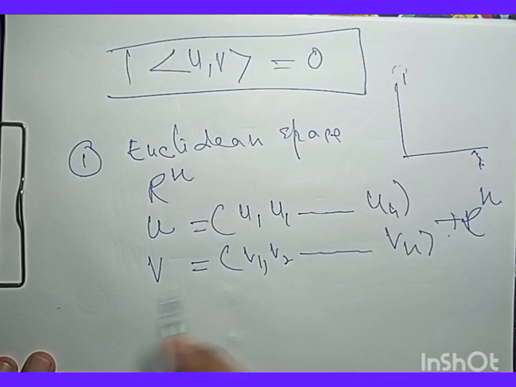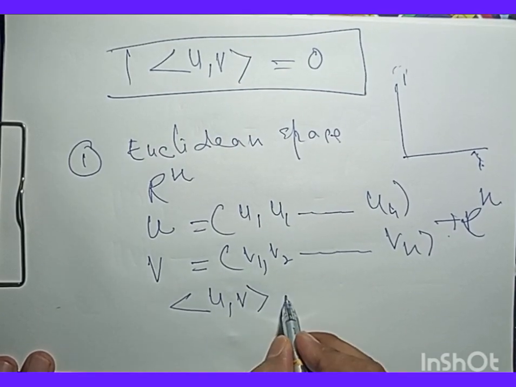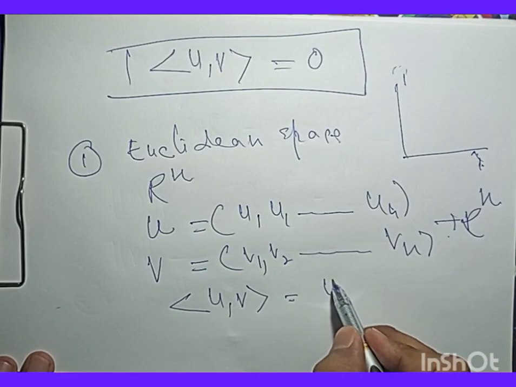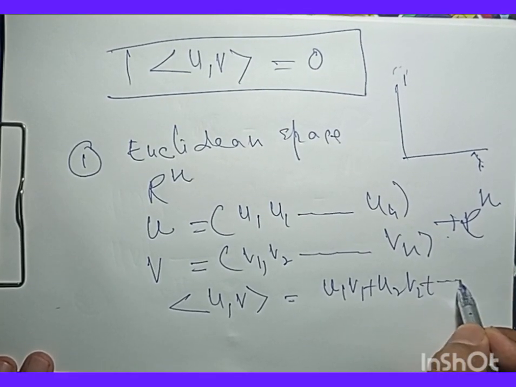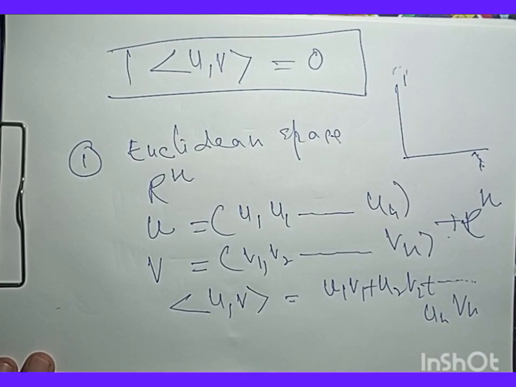Then we can write down the inner product of these two as u, v. And what we'll get is u1 v1 plus u2 v2 plus so on and so forth to un vn. So this is exactly the dot product. This is how we define the inner product in Euclidean space.